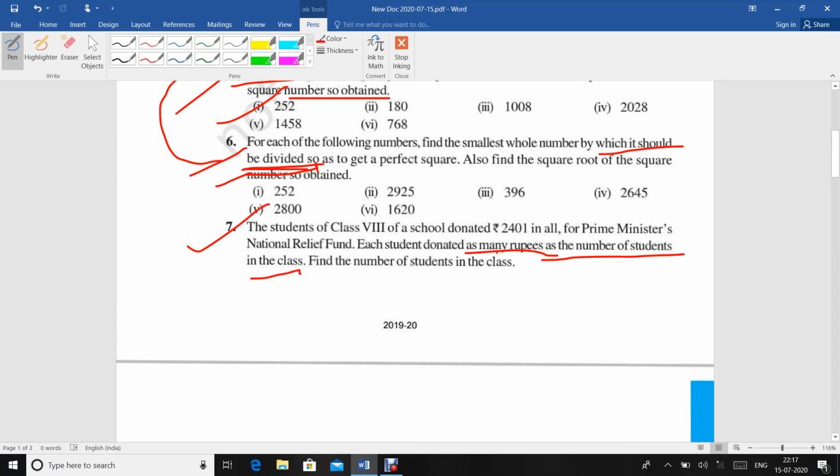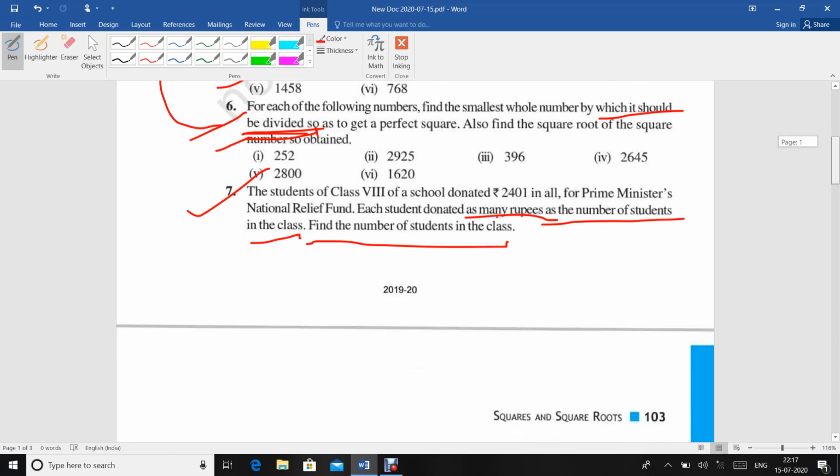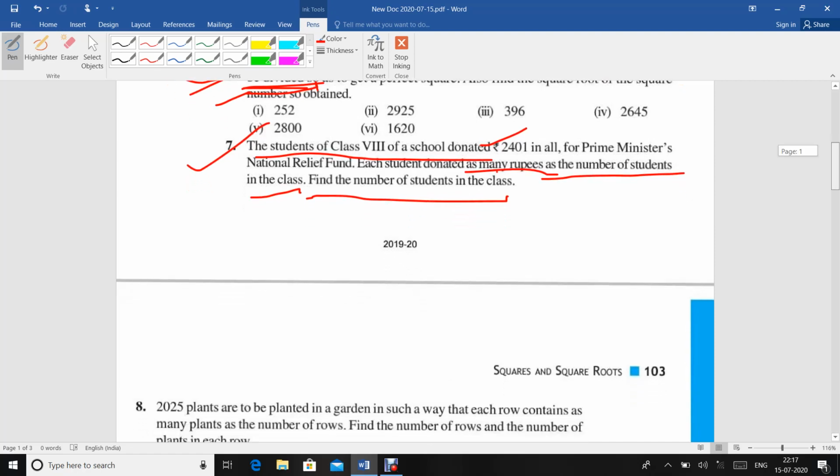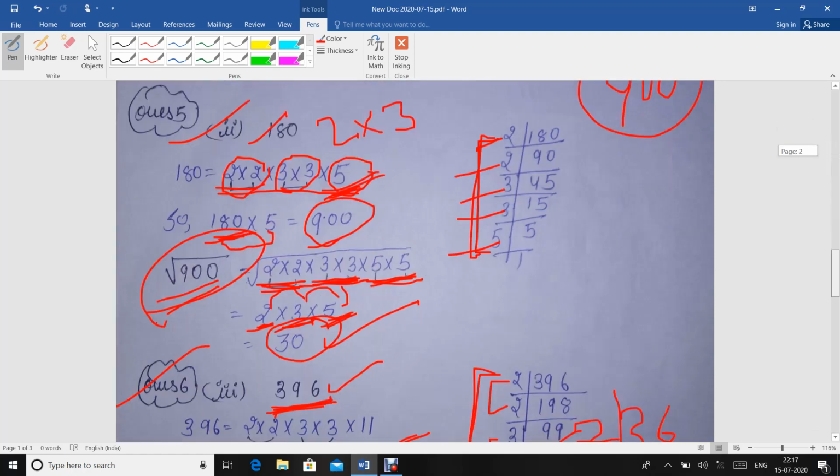Read this line carefully. Means here they collected as many rupees as the number of students present in the class. Now we have to find the number of students in the class. So to solve that, first of all, the students of class 8th of a school donated 2401 rupees. So the donated money is 2401 rupees.